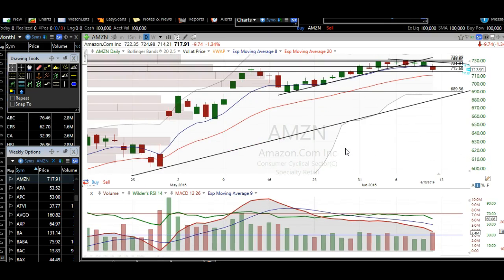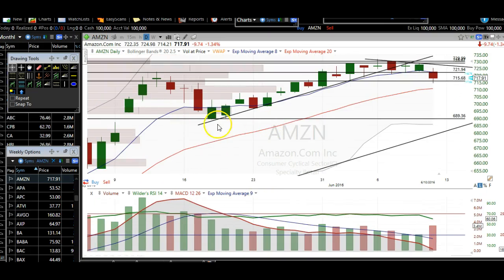Notice how, same thing with Facebook, we had MACD screaming down, and this is even a better signal here on Amazon, because as Amazon was heading higher on price, we had the MACD heading lower. So that is a negative divergence.